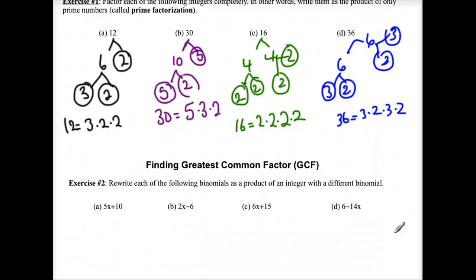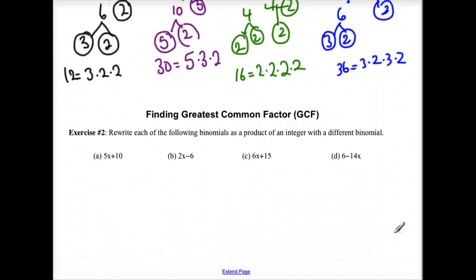Finding our greatest common factor. So I want to rewrite each of the following binomials. Remember, binomial means it has two terms, as a product of an integer with a different binomial. So what I want to do is break these down. 5x, 5 is prime, so it's 5 times x, and 10 is actually 2 times 5.